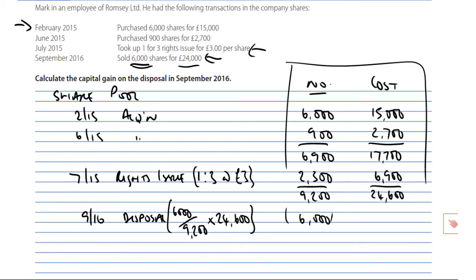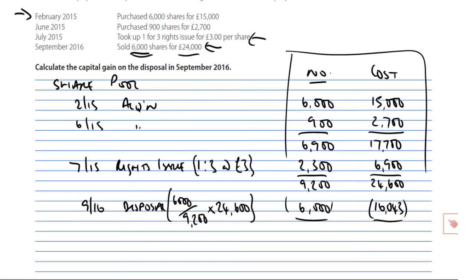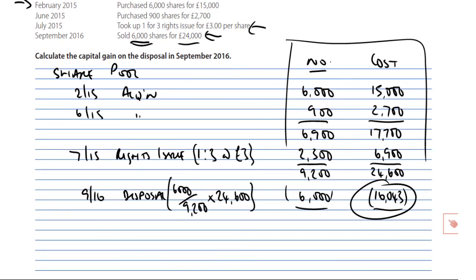Now again, please do put that through your calculator just to check, in case my maths have not served me well. But hopefully we make that figure £16,043. Again, you'd take it away and revise the share pool balance if you were moving that forwards. We don't need that. All we need to know was that information. The share cost was £16,043.